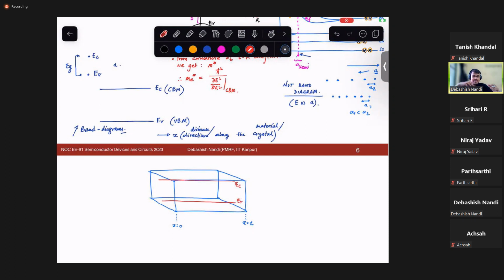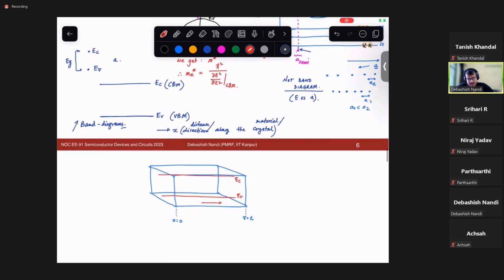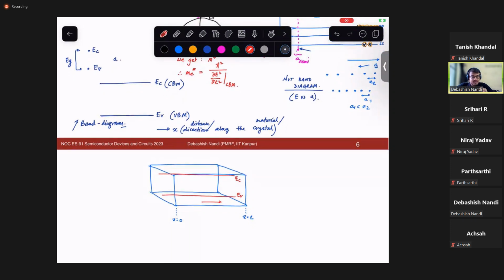So EC and EV are the energy levels. The y-axis gives me the energy level of the conduction band minima and valence band maxima, and the x-axis gives me the displacement along the crystal. Whenever we are talking about band diagrams, it means how your conduction band energy level varies along the crystal, or along the semiconductor block or material.